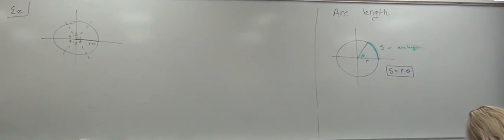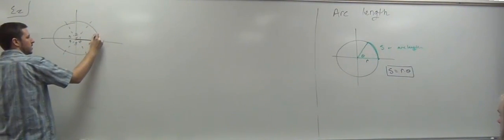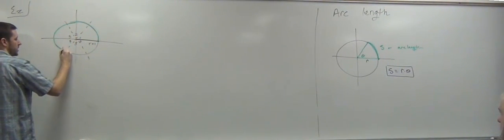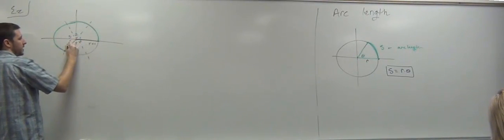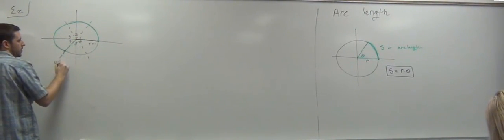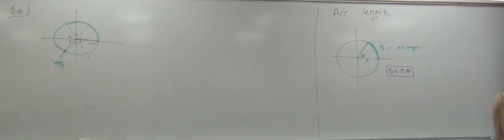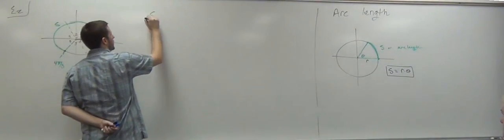So the arc I'm talking about starts here, travels all the way around my circle of radius 1 until it gets to the 4 pi over 3 ray. I'm asking you how far you've gone along, S equals what?